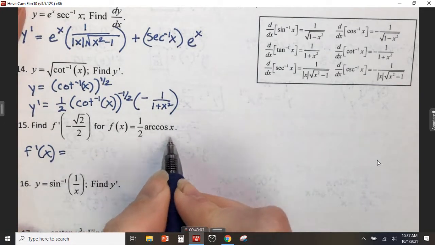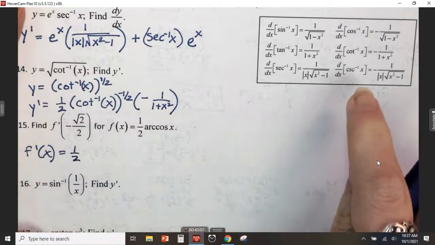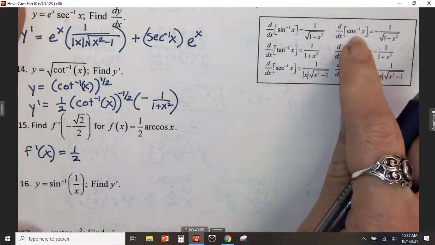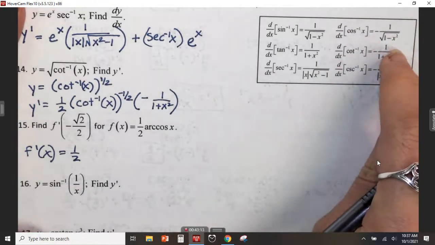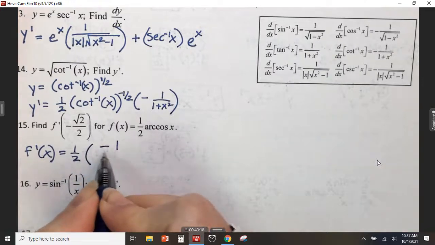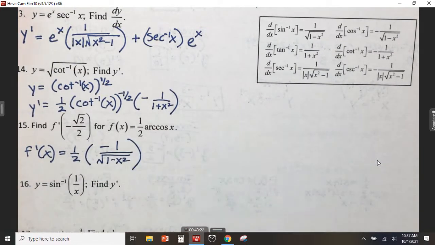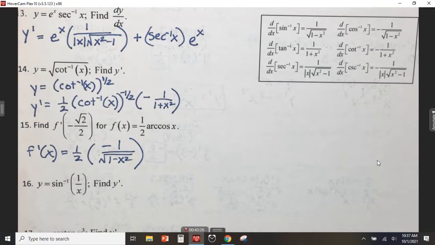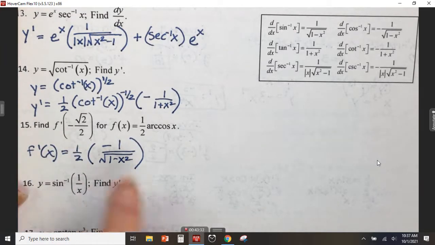So 1/2 arc cosine of x will be 1/2 times the derivative of the arc cosine, which is the same thing as inverse cosine, negative 1 over the square root of 1 minus x squared. So I found the derivative, and I would be done if it was like the two previous problems, but now I have to substitute the negative square root of 2 over 2 in for the x, right there.